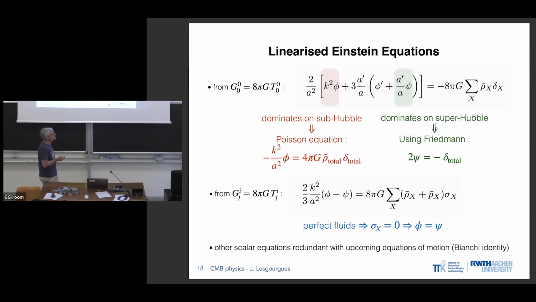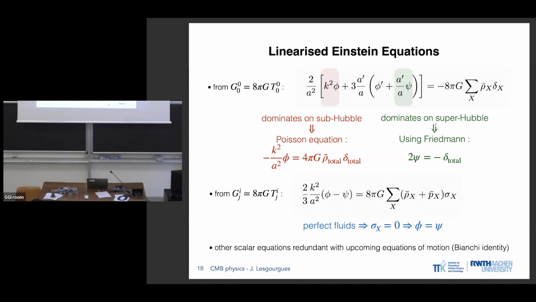Minus k squared gives you the comoving Laplacian, minus k squared over a squared is a physical Laplacian. And we see that the Laplacian of the gravitational potential is sourced by the total energy density perturbations, which means that the gradient of phi gives you gravitational forces sourced by overdensities of matter in the universe.